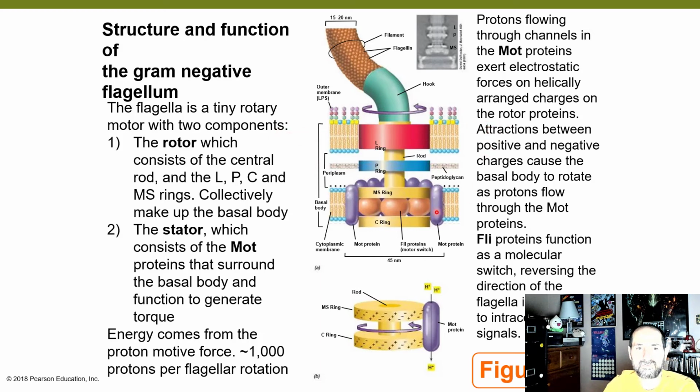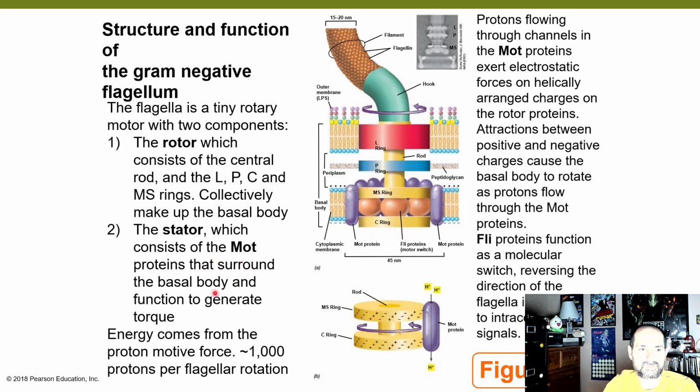And notice how this portion of the flagella is embedded in the cell wall. This is called the basal body of the flagella. The basal body includes a stator. The stator consists of the Mot proteins that surround the basal body, you see? So you've got the Mot proteins of the stator. This is the stator.